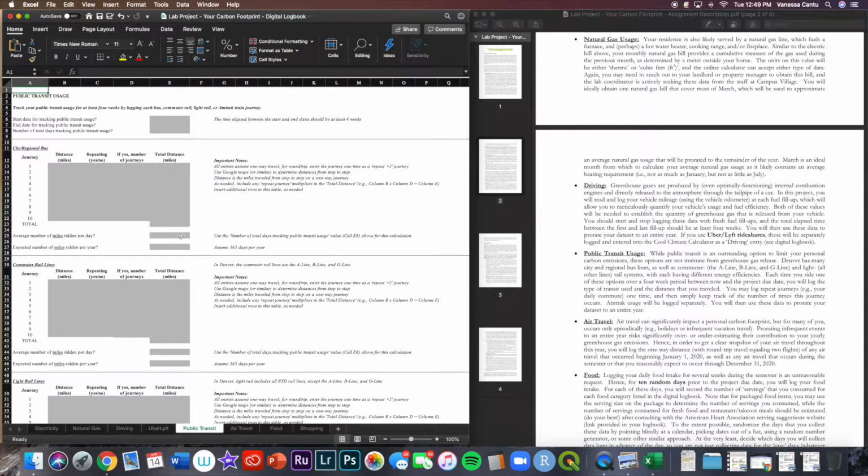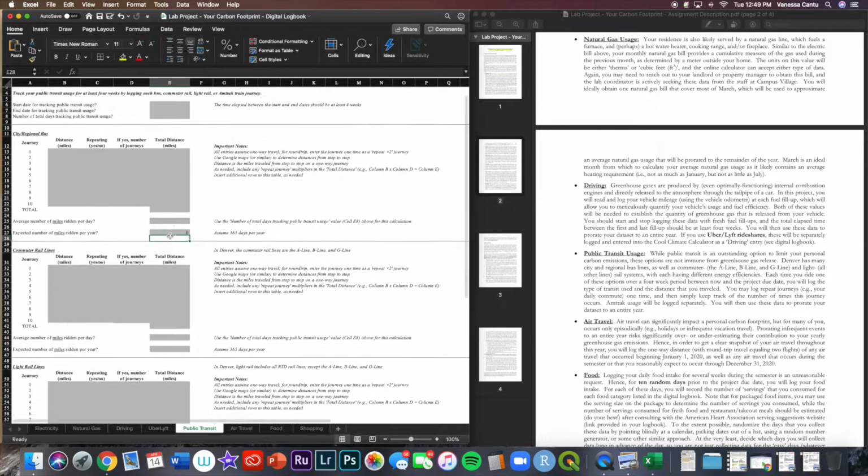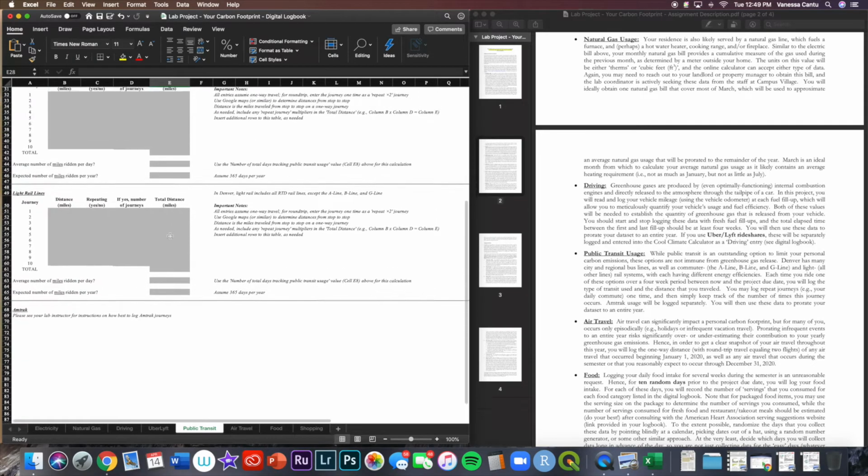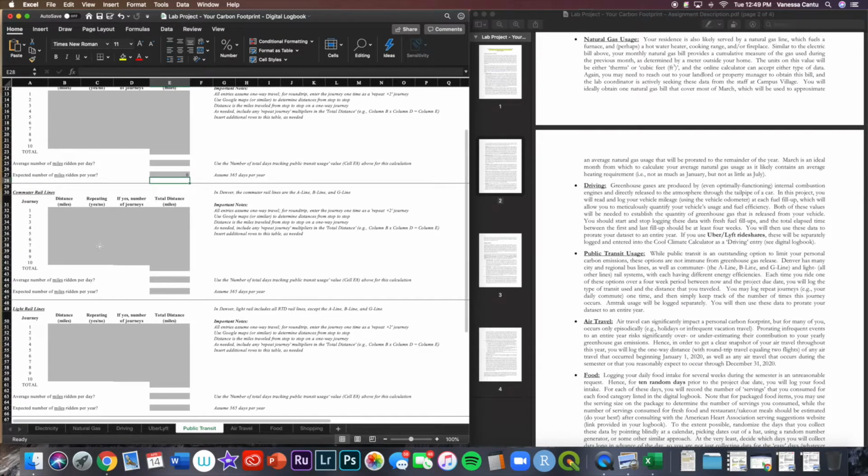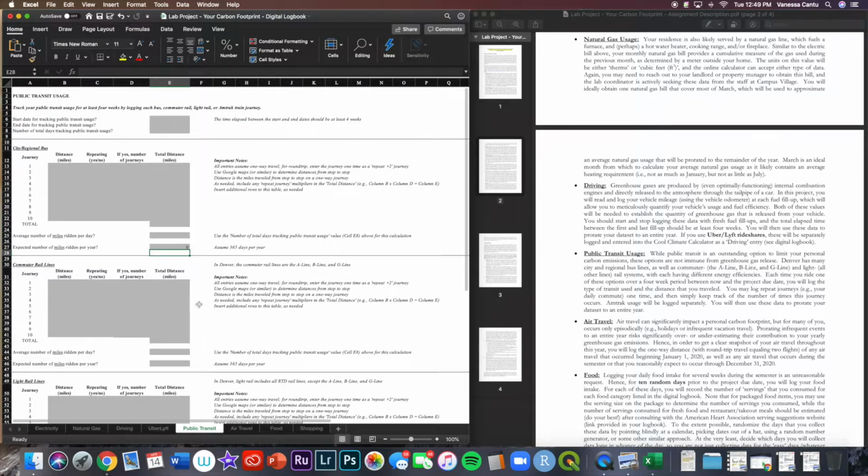The total distance here and the number of days that you were tracking is how you're going to calculate your average. Expected miles per year would just be this value times 365. You'll do the same thing, very similar, for all of the other ones here, for commuter rail lines and light rails.